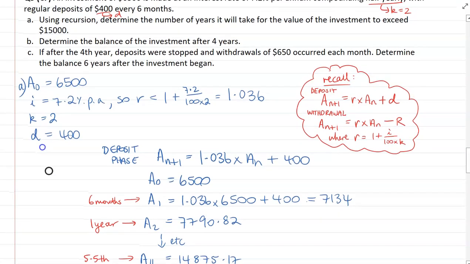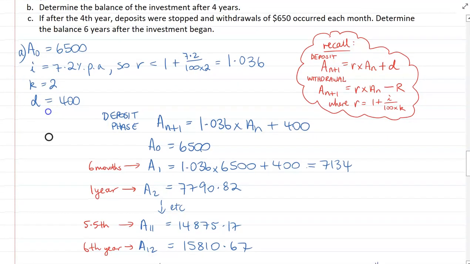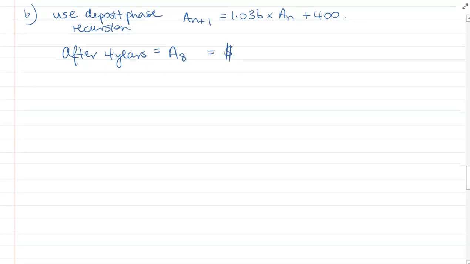Okay, so let's look at B. It says determine the balance of the investment after 4 years. So again, we'll just use that deposit phase recursion. So when you think about it, if it's compounding every 6 months, if I'm interested in the balance after 4 years, I'm after the 8th recursion. Because you've demonstrated this recursion process before, all you'd need to do is just write down the 8th recursion.